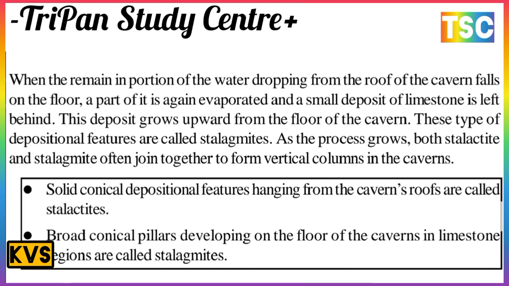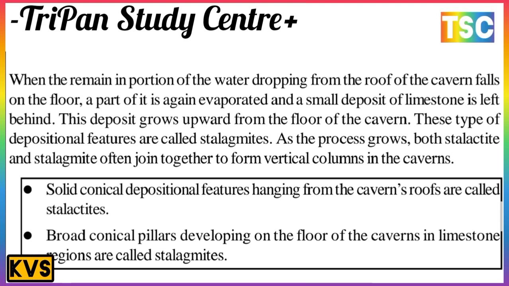When the remaining water drops falling from the roof of the cavern fall on the floor, a part of it is again evaporated and a small deposit of limestone is left behind. The deposit grows upward from the floor of the cave. This type of depositional feature is called stalagmite.